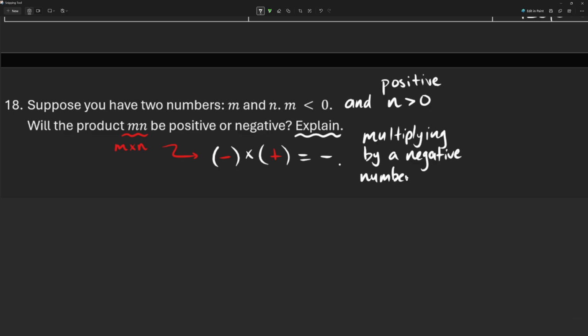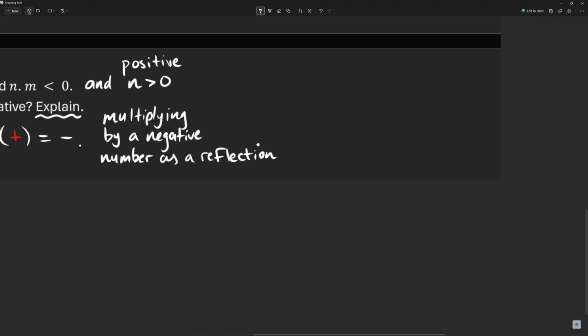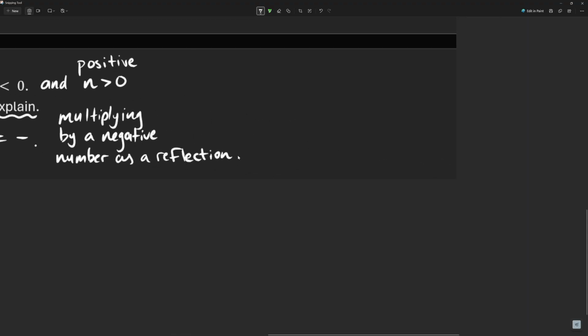As a reflection about 0 on the number line. A reflection about 0. On the number line. So if I have a number line like so, here's my arrows. Let's pretend that 0 is right here.